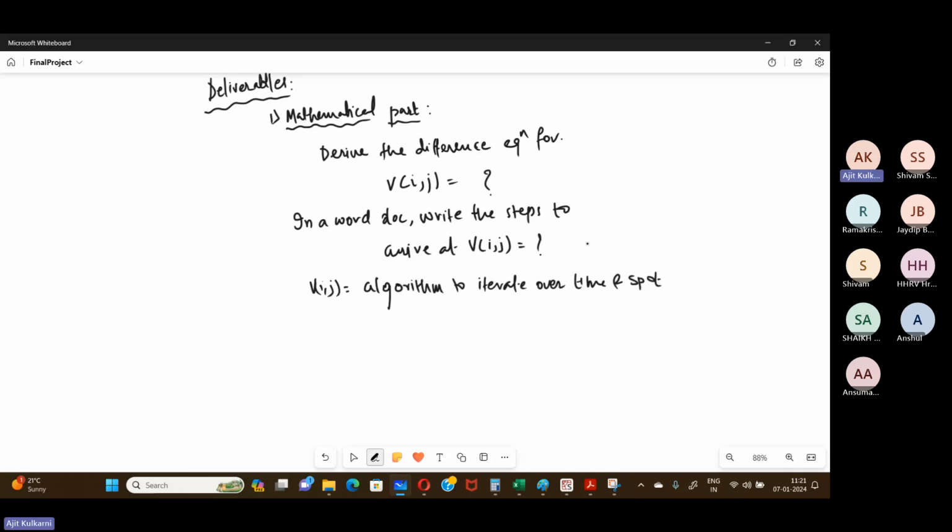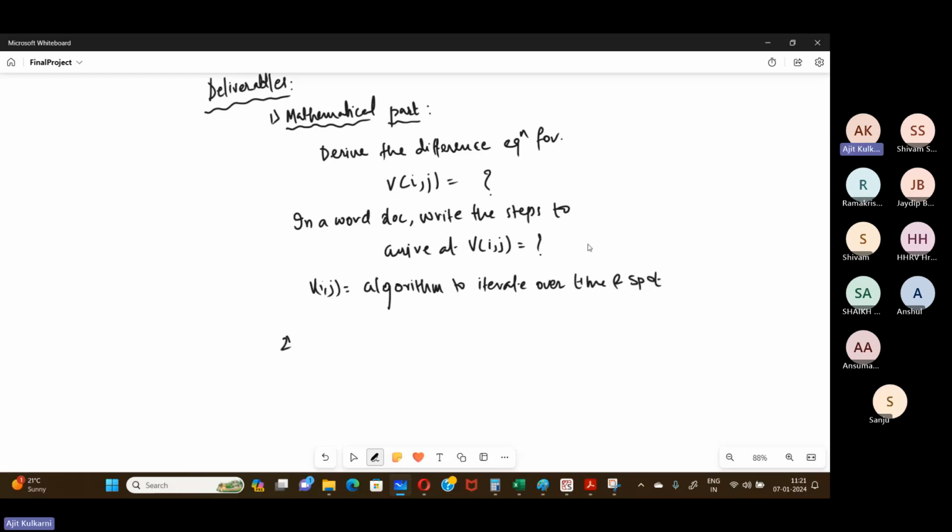Okay. Second, I want a replication or implementation of algo in Excel. Okay. So have that discretization scheme in Excel, right?